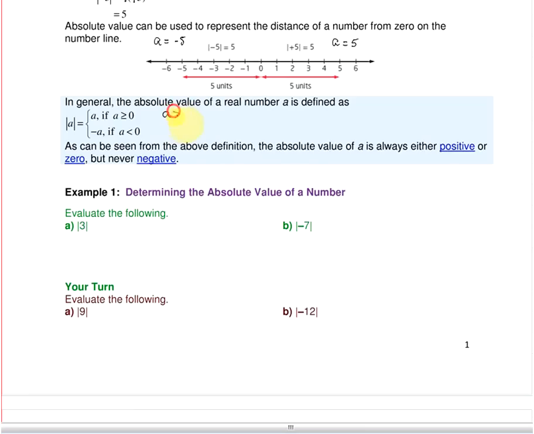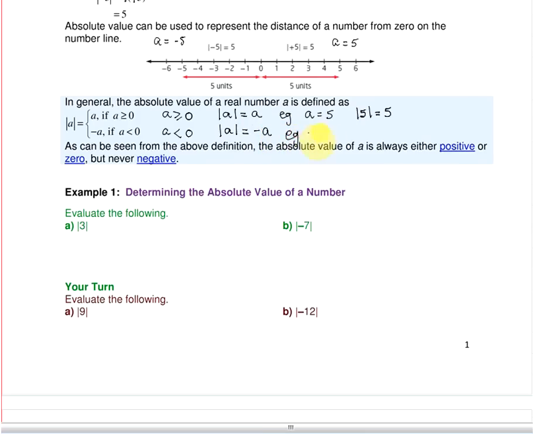If a is greater than or equal to 0, then the definition of absolute value is that the absolute value of a is equal to a. An example: let's say a is equal to 5, then the absolute value of 5 is equal to 5. The other half of the definition says if a is less than 0, then the absolute value of a is defined as negative a.